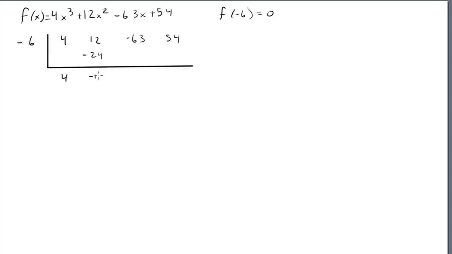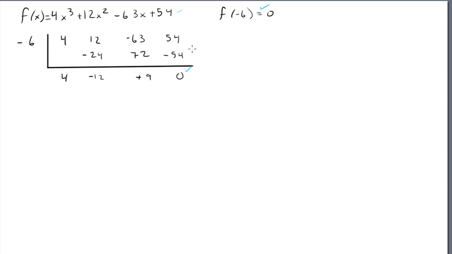Adding gives us -12. Multiply to get 72. Adding gets us a 9. Multiplying gets us -54, and then we get to 0, which is what we want because it should divide out evenly.